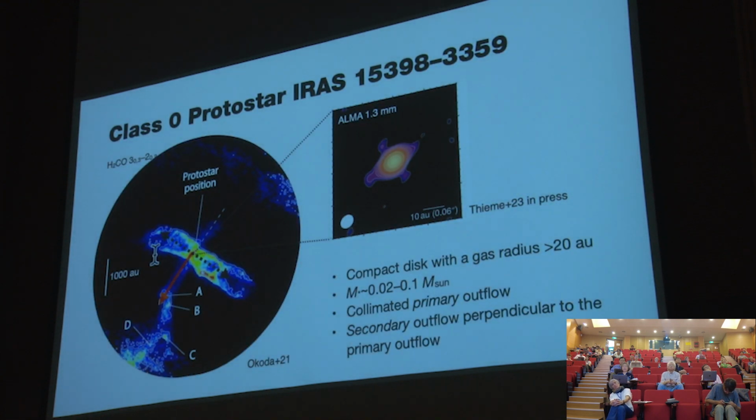So the Class 0 protostar IRS 15398 is an interesting and very unique object. This object has a very compact disk. This is the latest high angular resolution observation of dust continuum with ALMA.